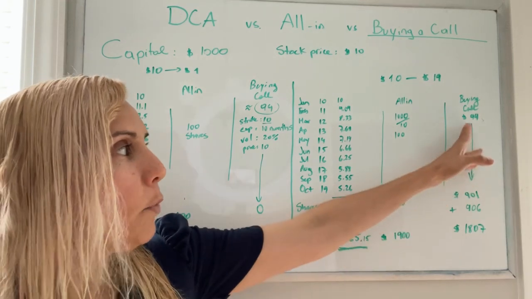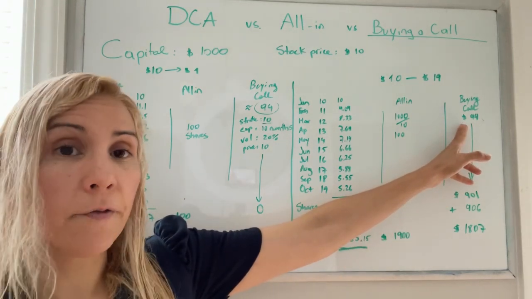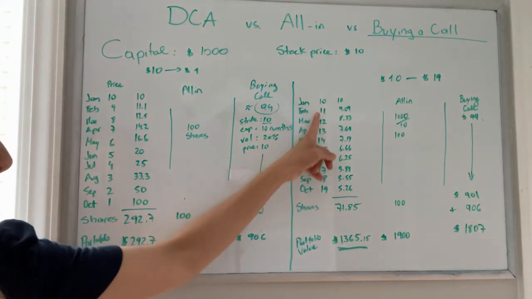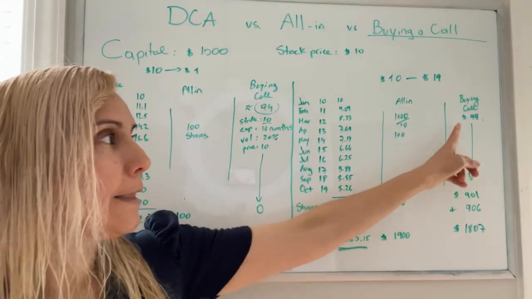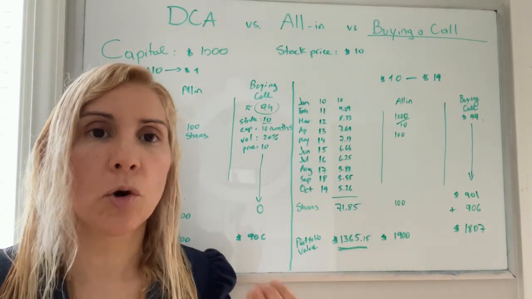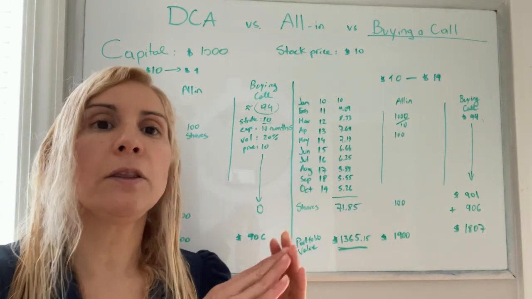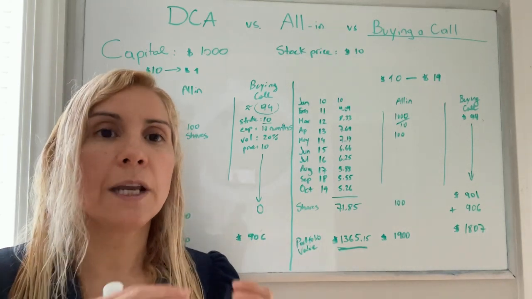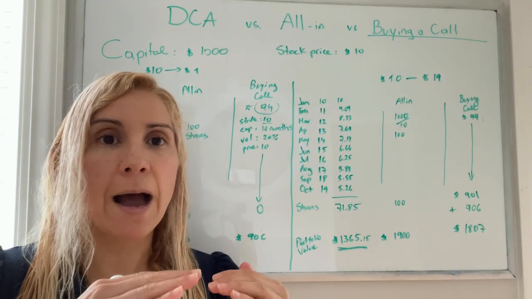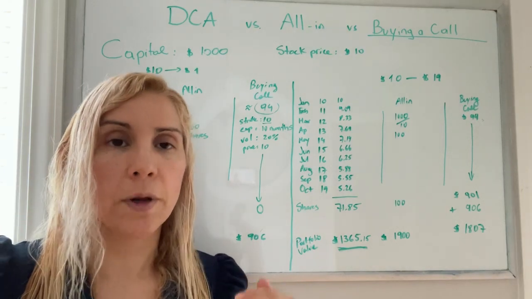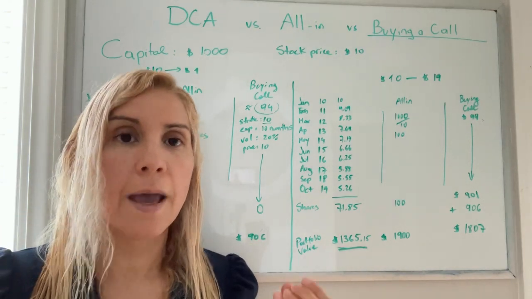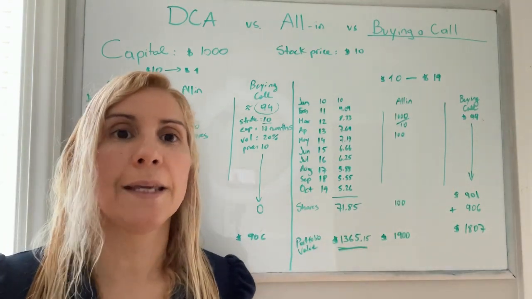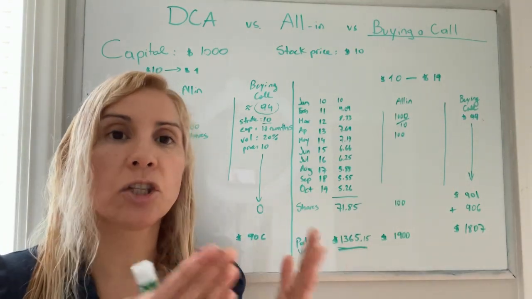Now again, that call would be worth $94 at the beginning, but since the share price went up so significantly, that call will also be increasing in value, even though it's losing time value. Why? Because it is basically gaining value as the share price increases. And at the end of those 10 months, this call has a delta of 1, meaning that it's trading in the same way that the shares trade.